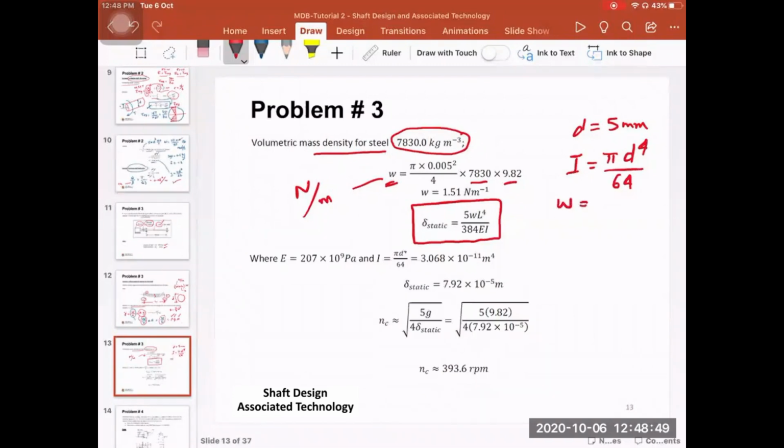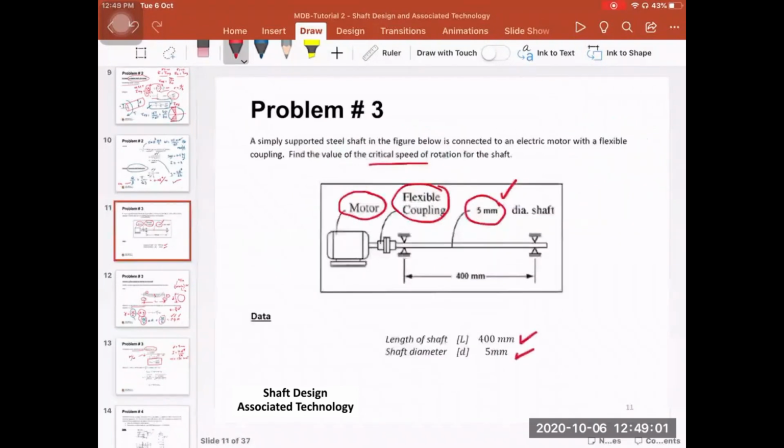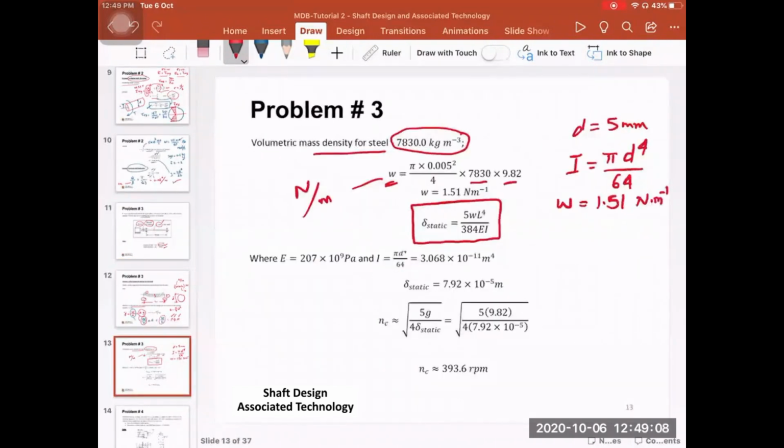the weight per unit length is being calculated, 1.51. Just take care of the units, meter to the -1. And then the length of the shaft is given. If I go back here, so the length of the shaft is given as 400 mil. Okay, so L is given as 400 mil.